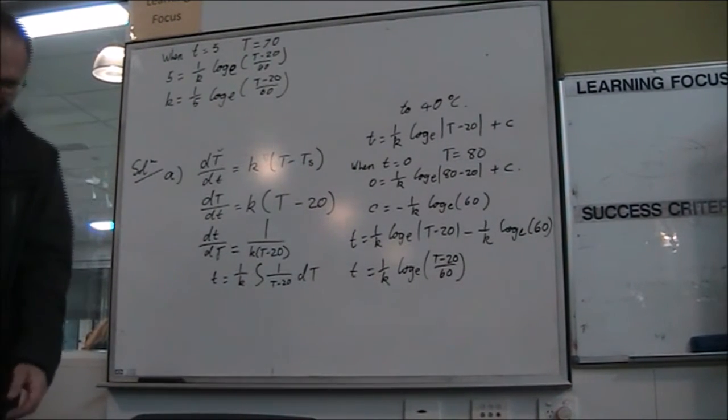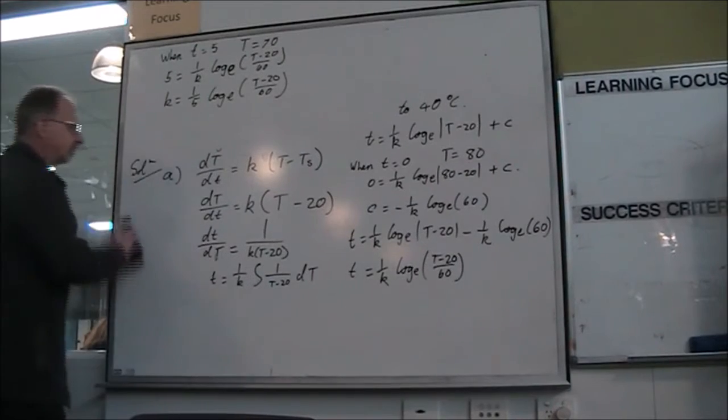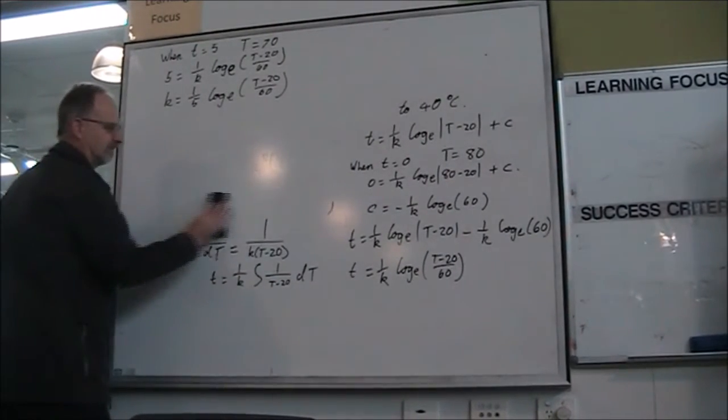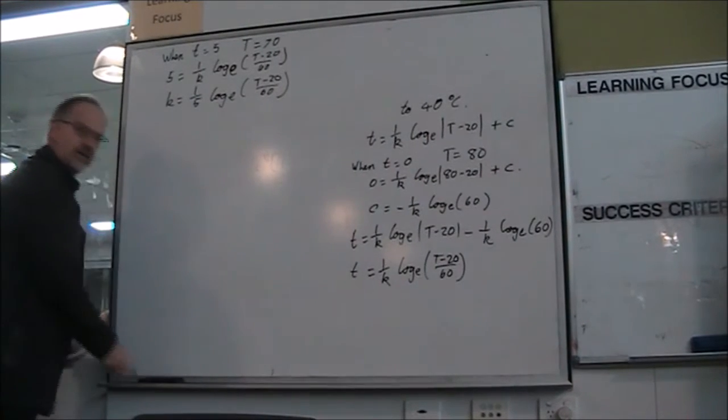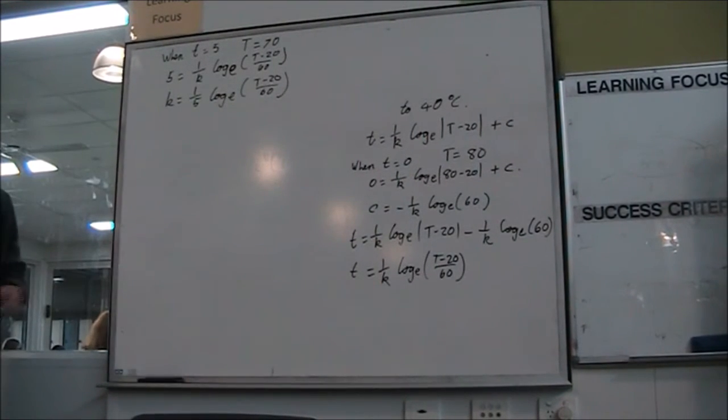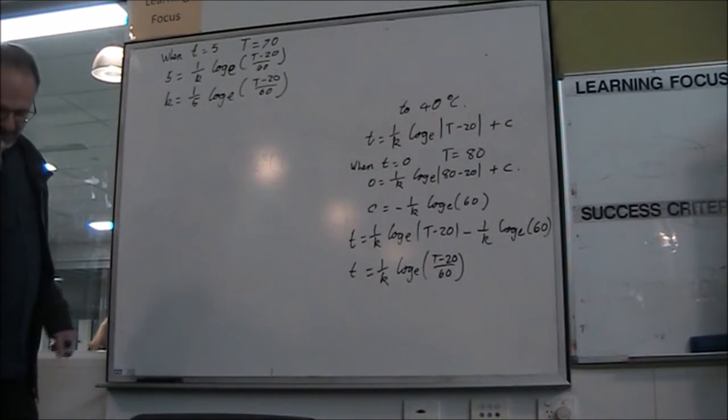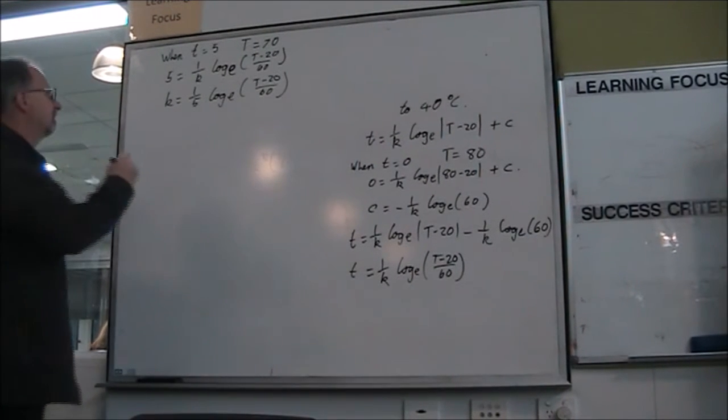And then we can stick that in. Right, so in questions like this, there's a fair bit of manipulation, algebraic stuff that we're going to have to do, so you have to be patient.